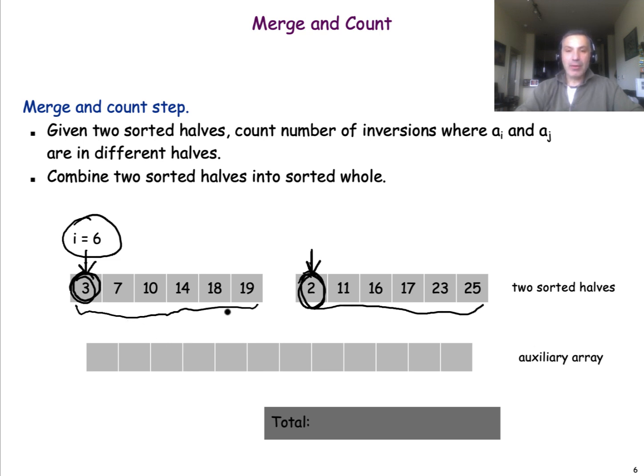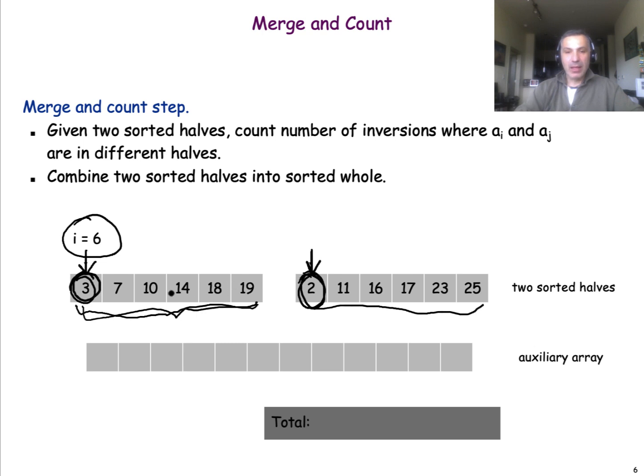In fact, however, it's not only one inversion. Because the elements of this array are sorted, and because there are 6 of them, if 3 is larger than 2, then we know that all of these other elements, which are larger than 3, will also be larger than 2.